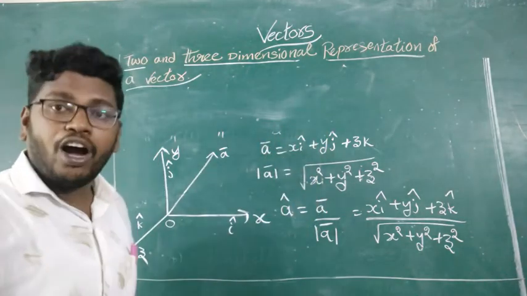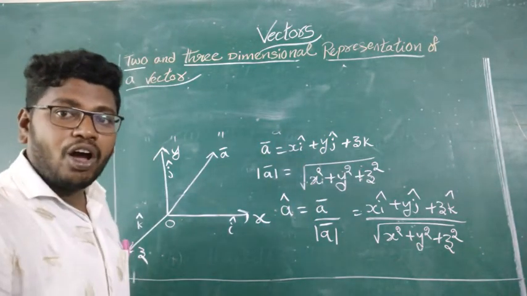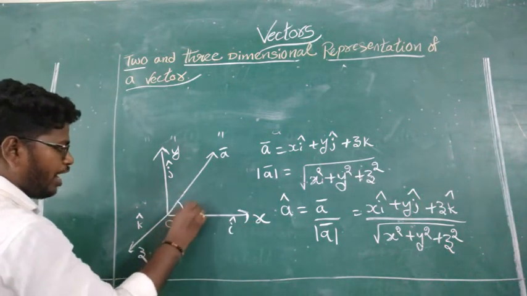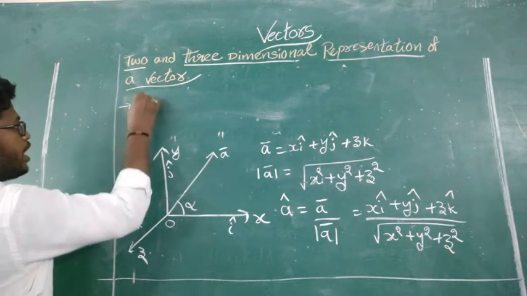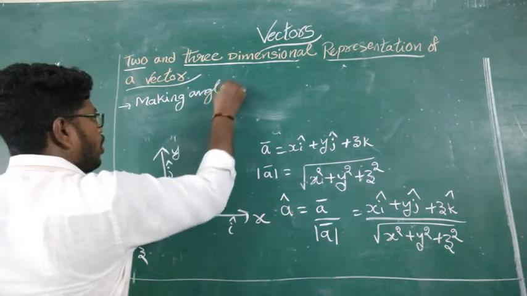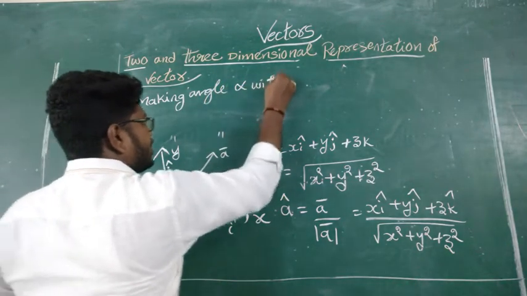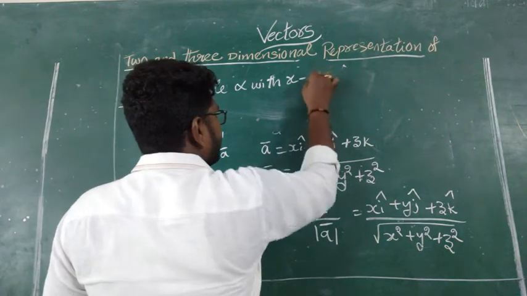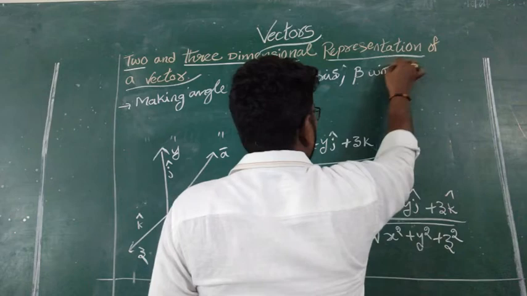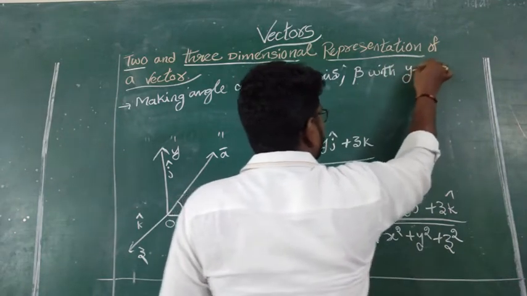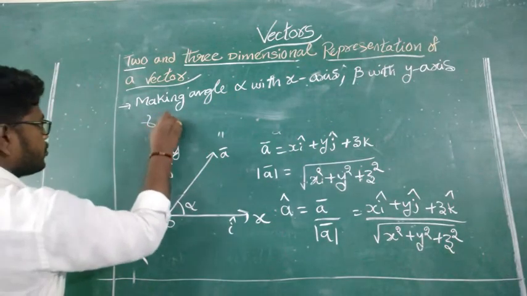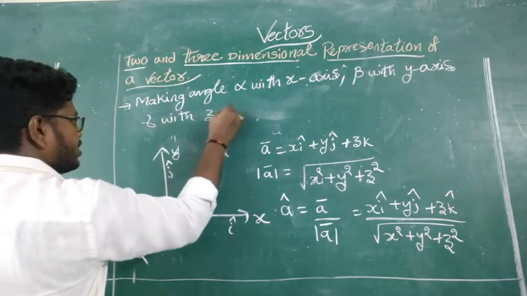For example, this is the x-axis, from A to B; the angle with the x-axis is alpha, beta with the y-axis, and gamma with the z-axis.